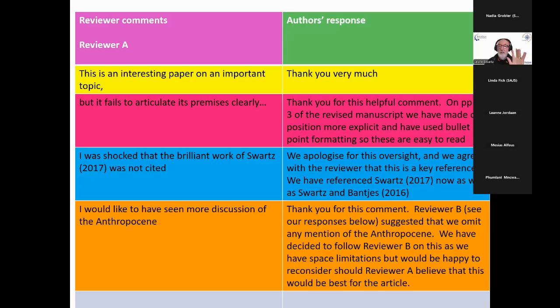So what I do is I make a table, and on the left-hand side, there are the reviewer comments and the editor comments copied from the letter that you get from the journal, and then your responses. You will make a table so that you will have different ideas, even if they're in the same sentence, in different boxes. And these are real examples here.